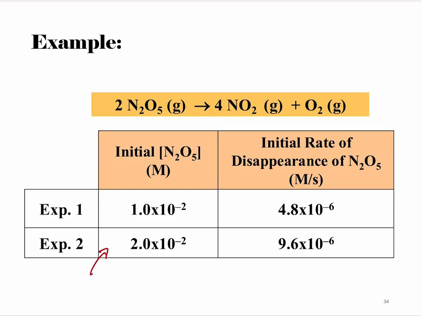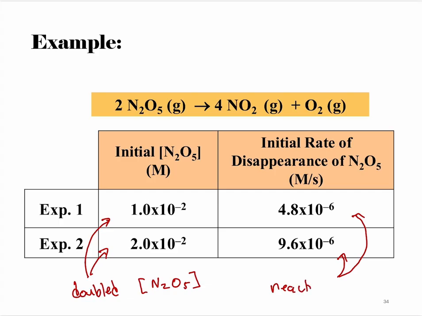So both of these, we doubled the concentration of N2O5, and then we see that the reaction rate, uppercase K, also doubles. Just by looking at this, we can see that this should be first order, because on our table that we did before, if we double the concentration and the rate doubles, that means it's first order.